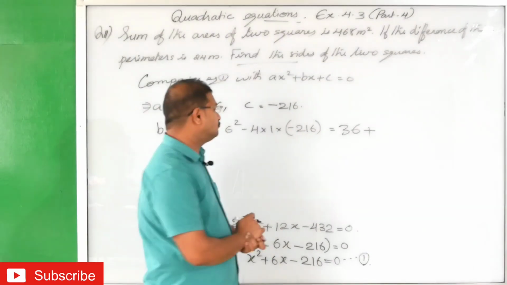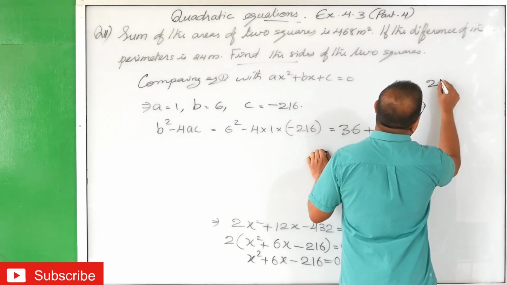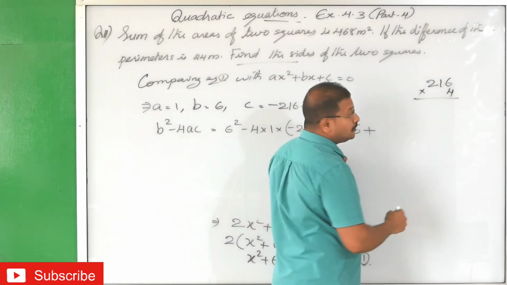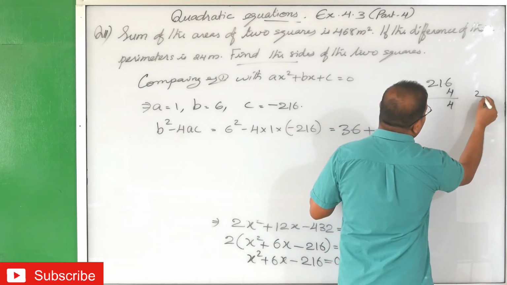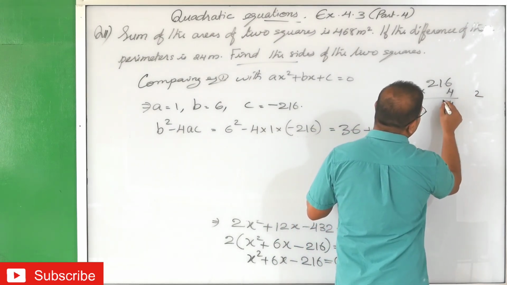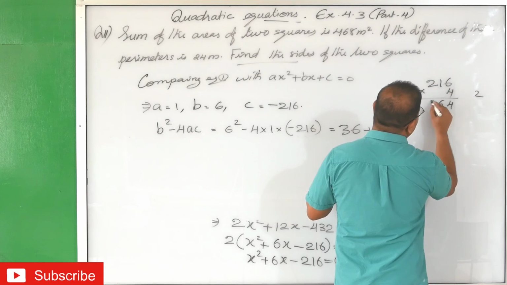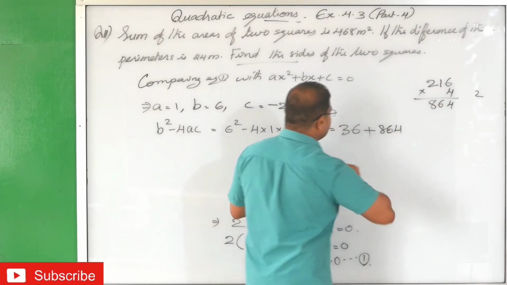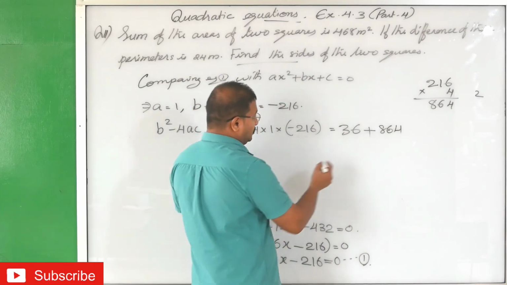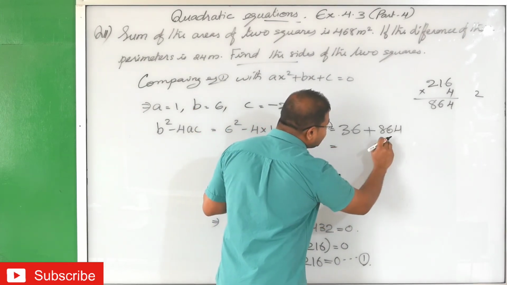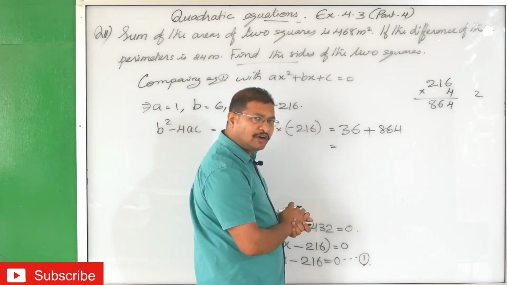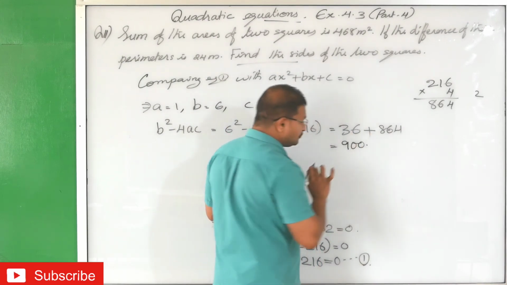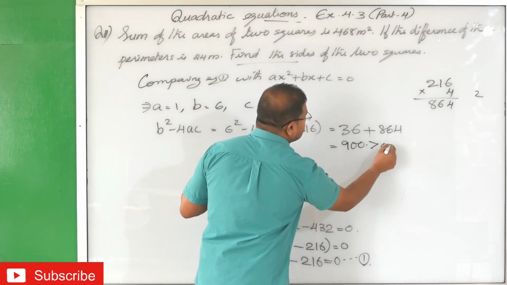You'll multiply. 6 fours are 24. 2 in hand. 4 ones are 4 plus 2, 6. 4 twos are 8. That means we got 864. Now what will you do? We'll add it. That means 36 plus 864. What will you get? 900. Okay, it is greater than 0.